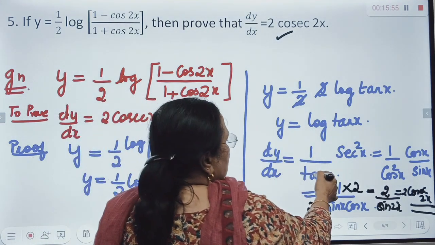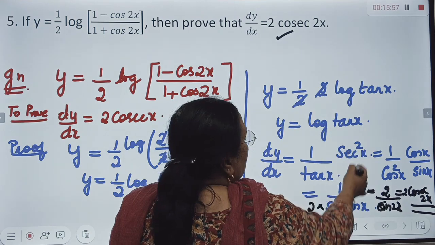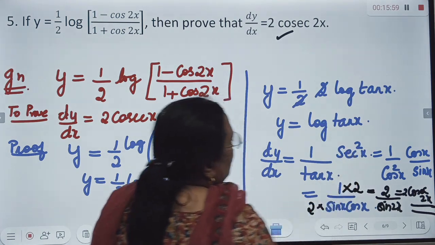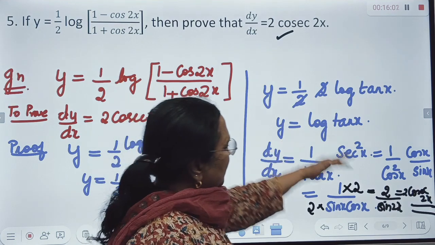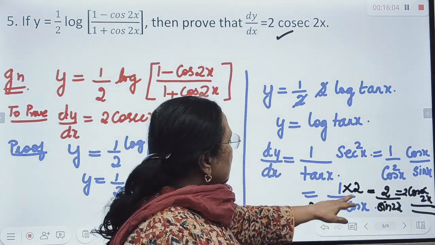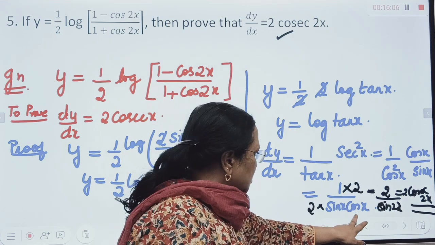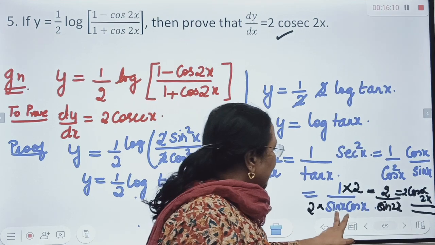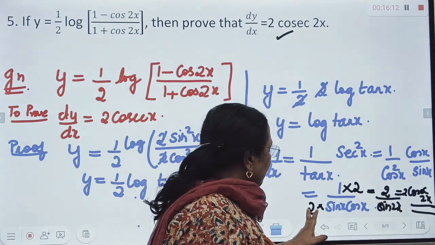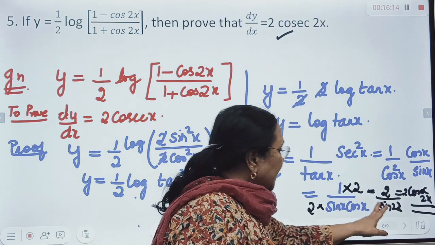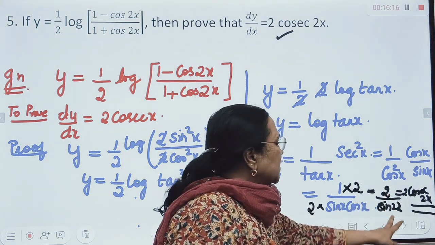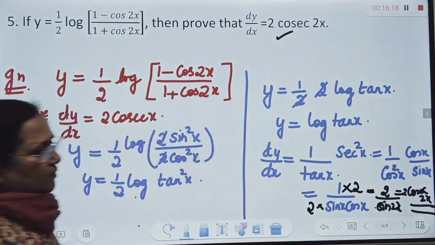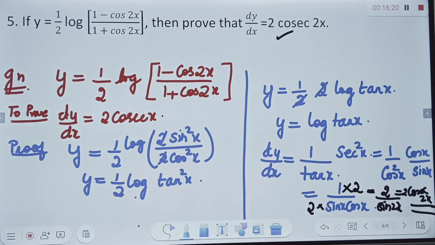So 1 by tan x into, by using chain rule, derivative of tan x is secant square x. Now I have written everything in terms of sine and cos. The whole thing simplifies to 1 by sin x cos x multiplied and divided by 2, because I can write the sin x cos x when multiplied by 2 as sin 2x. 2 by sin 2x is 2 cosecant 2x. Is it clear?